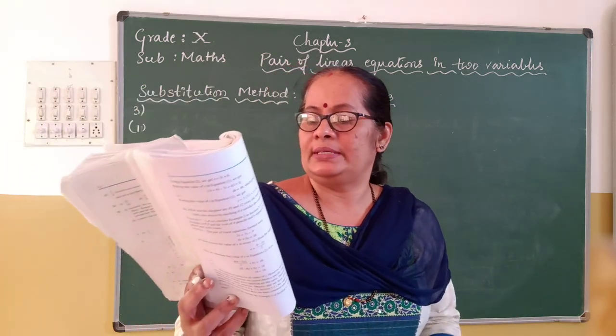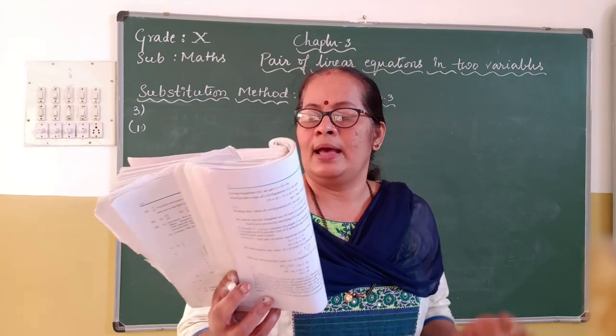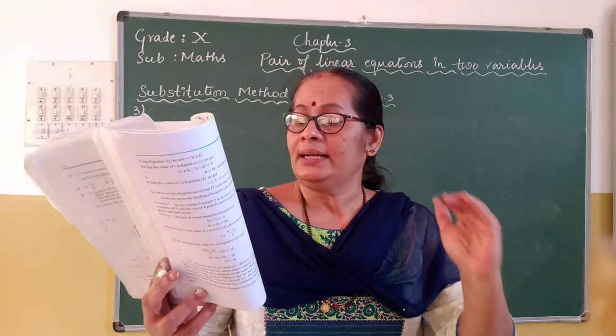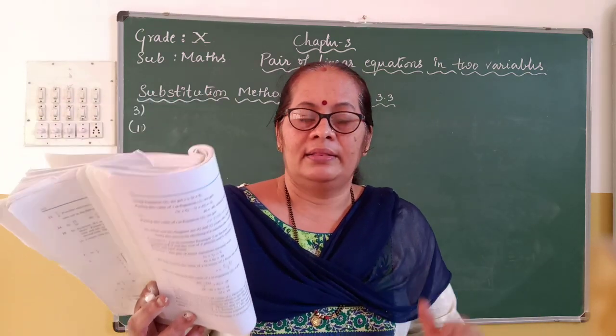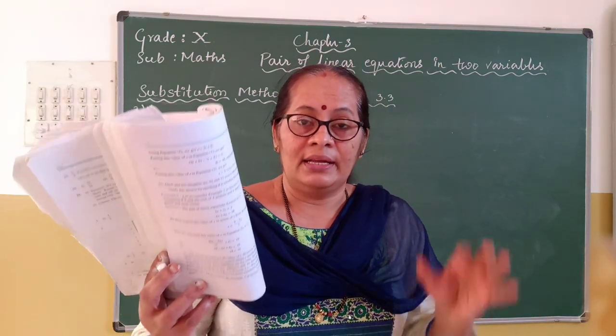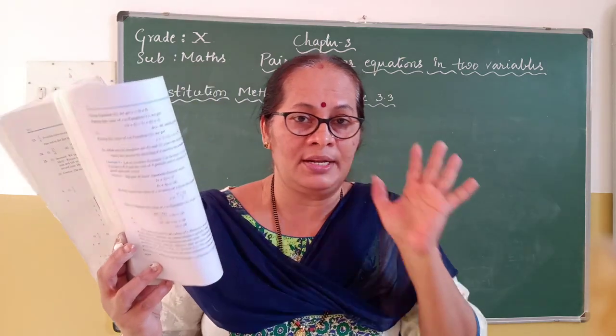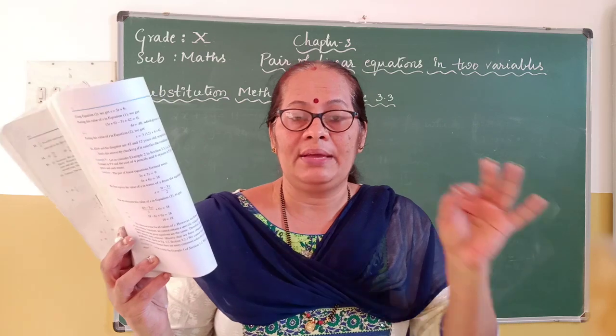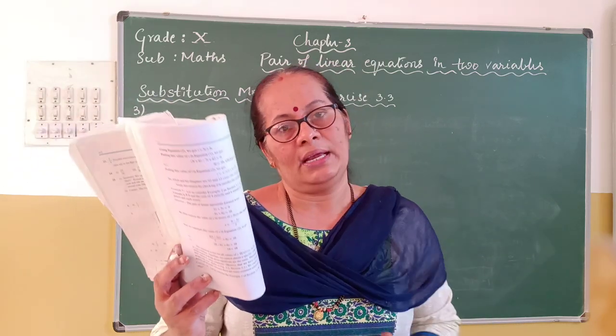So this is the first condition. And the second condition is one number is 3 times the other. The greater number is 3 times the smaller number, right? So x equals 3y. This is the second equation.